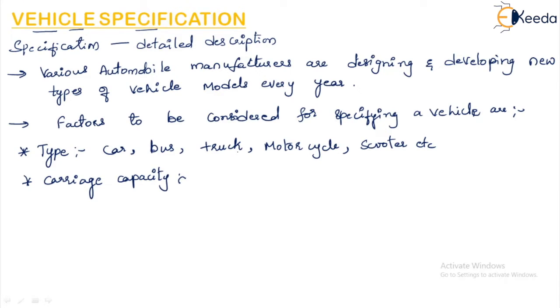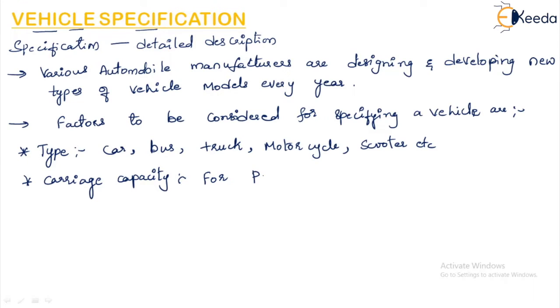The next factor which we are going to consider is the carriage capacity. Whether the vehicle which we are specifying is 3-seater, 4-seater, 6-seater, 8-seater, 30-seater, 35-seater, or 54-seater, etc. So it is based on the number of passengers it can accommodate.